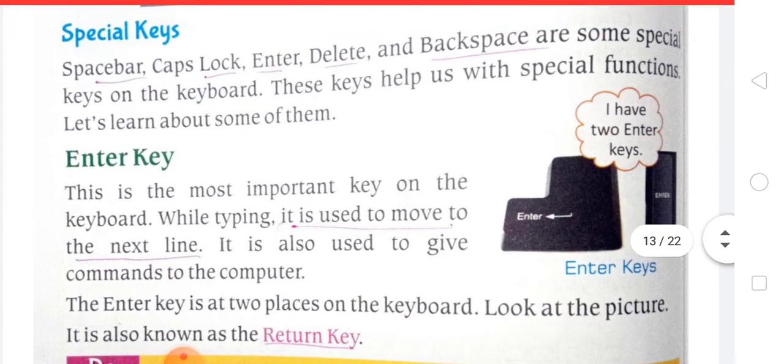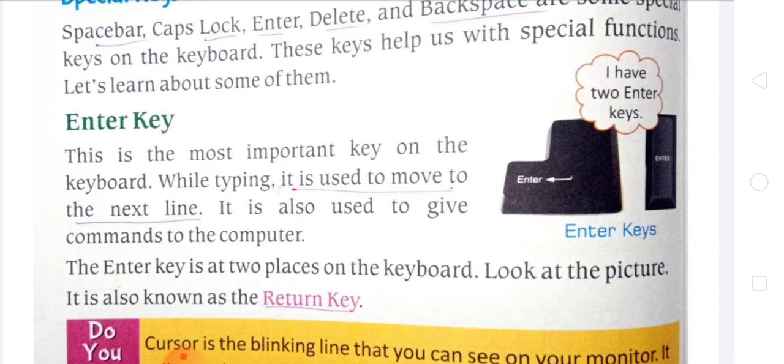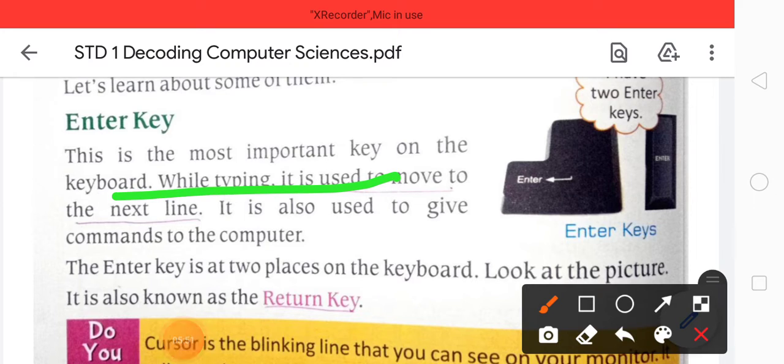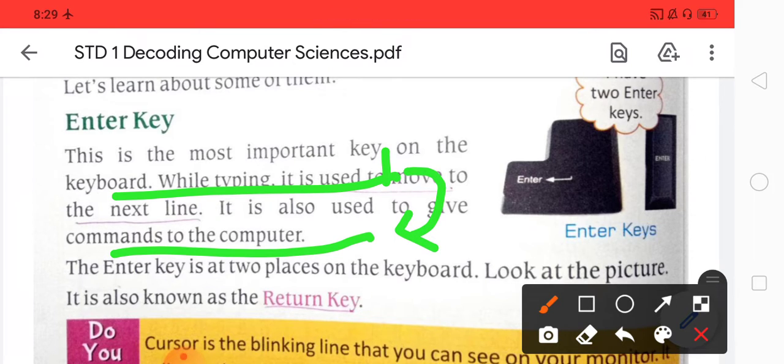Okay, so let's see. First of all, the enter key, this is the most important key on the keyboard. While typing, it is used to move to the next line. Whenever you type data and you are here, and if you want to go to the next line, then just click on the enter key.